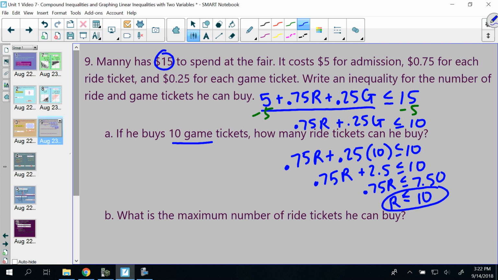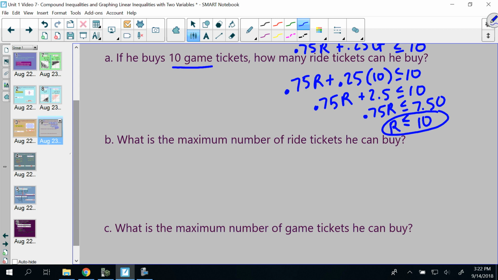Okay, part B, what's the maximum number of ride tickets that he can buy? So if you want to know the maximum number of ride tickets, that would probably mean we're not spending any money on games. So if we start with our same equation here, what we want to do is assume that there's going to be 0 games played. So anything times 0 is still 0.